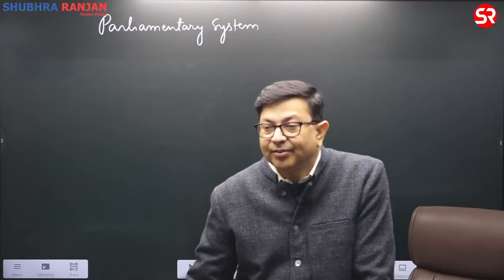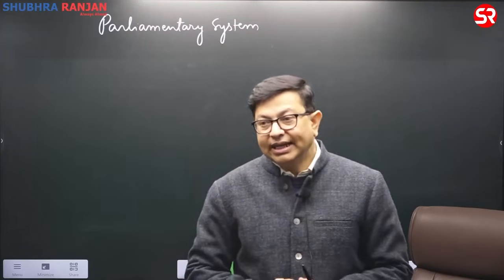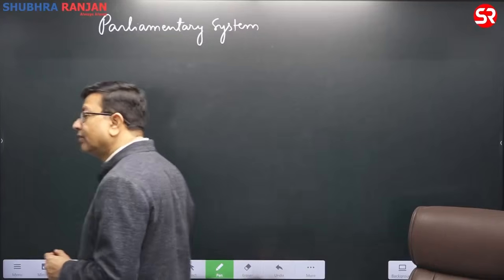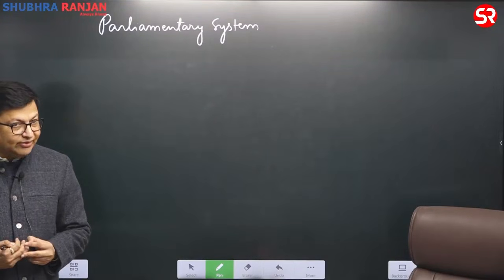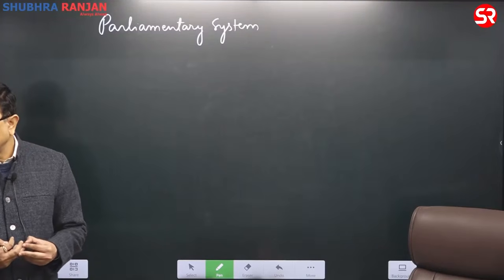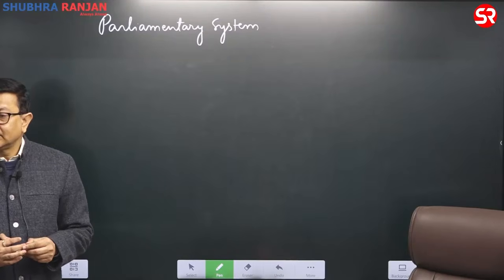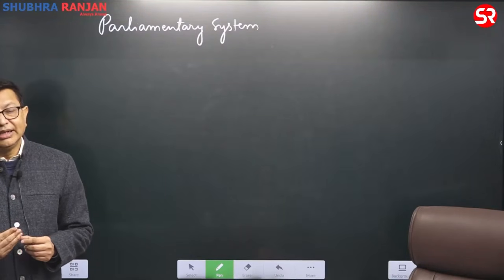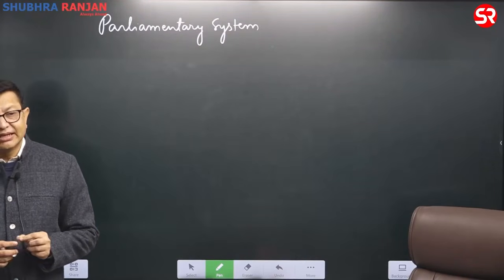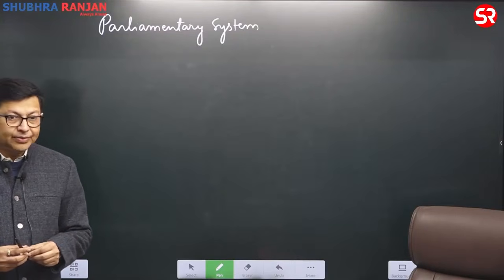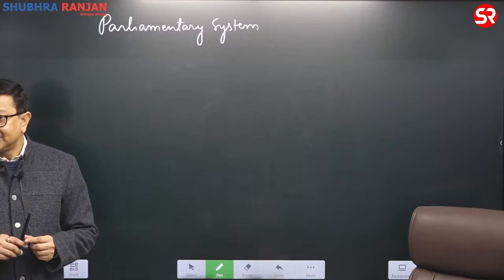So in the next sentence you write, based on the relationship between the executive and the legislature, the political systems have been classified as parliamentary and presidential.